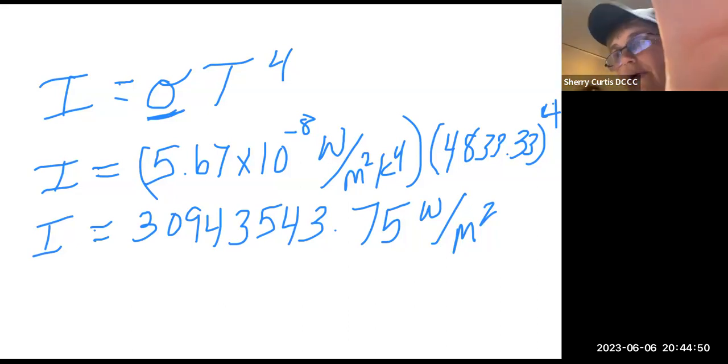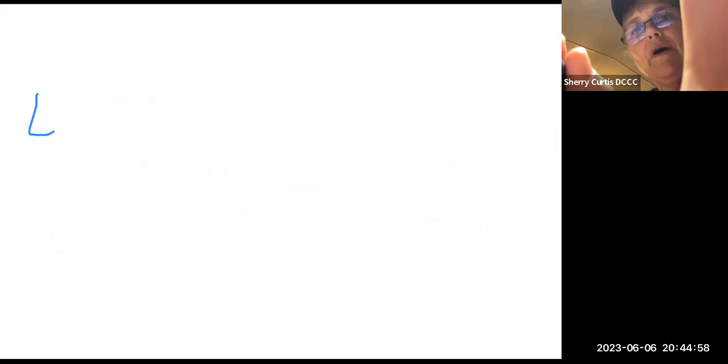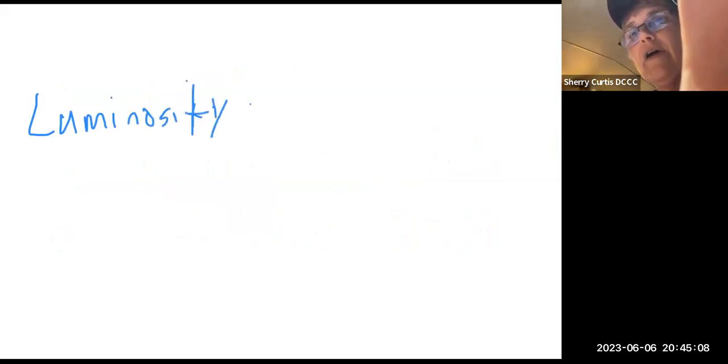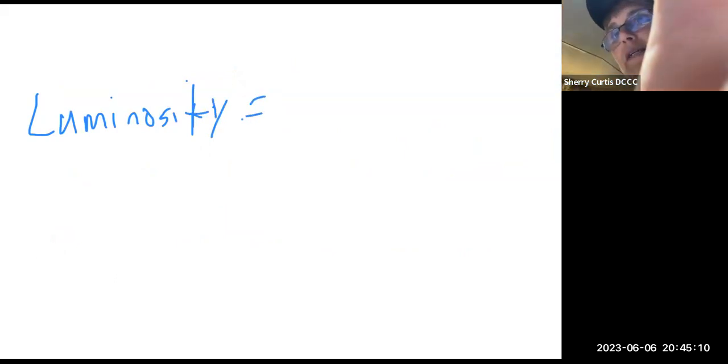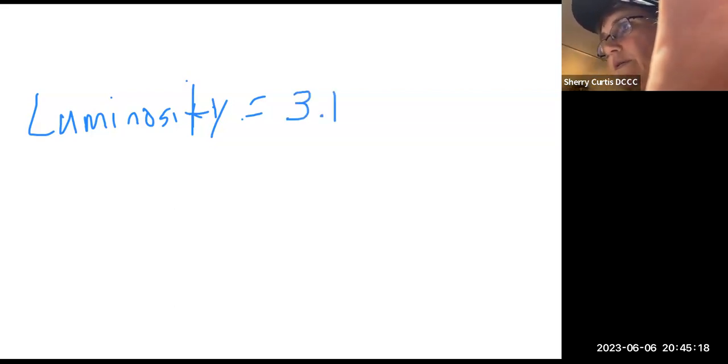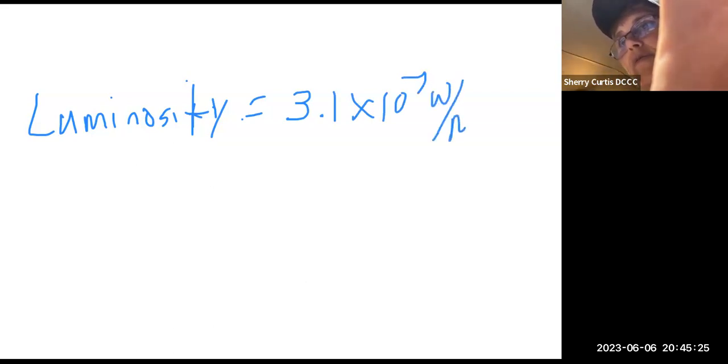if we wanted to know the total, what's called luminosity or power, or the total watts that the sun kicks out, you would just take that intensity, and I'm going to go ahead and change that to scientific notation, 3.1 times 10 to the 7th watts per meter squared.